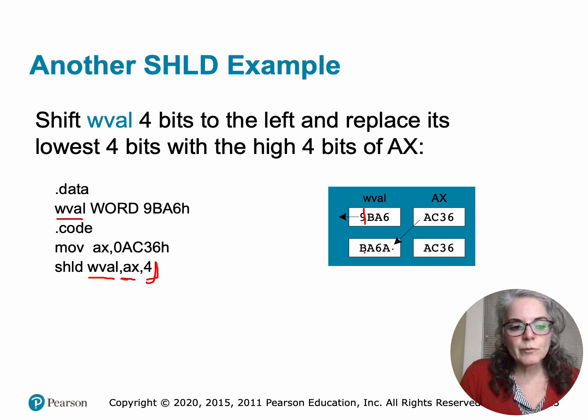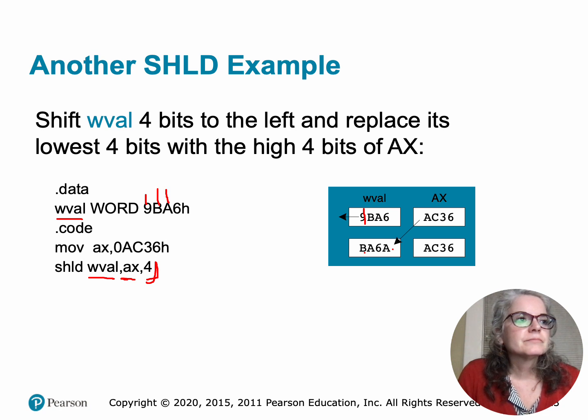And so when we shifted to the left destination, then we got BA6A. Sorry, I have to look at my big screen because I really cannot see. Okay, so just remember that each one of these is 4 bits. So that makes it easier when we're shifting by 4 bits.